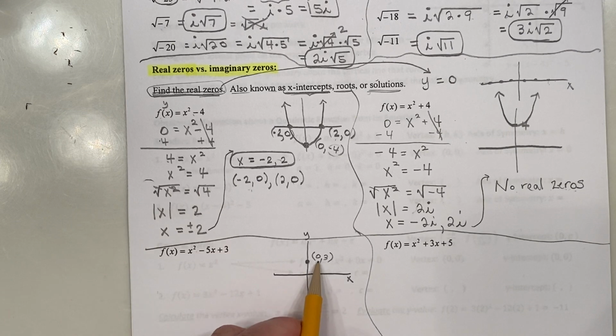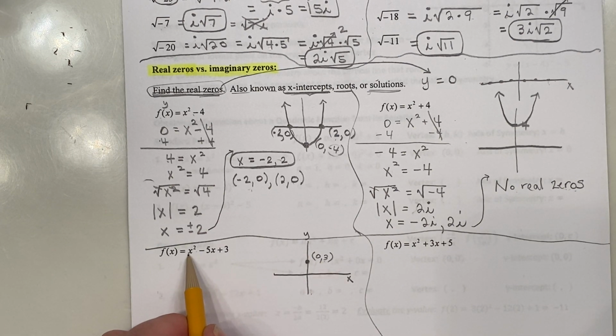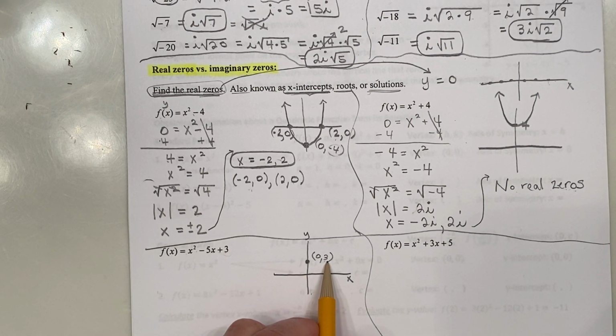Any point along the y-axis has an x-coordinate of 0, but a y-coordinate that may be 0, but probably is something else. By inspection, if you plug in 0 for all the x's in this equation, that term would go to 0, and I'd be left with 3. So this constant, what we call the c value, is actually our y-intercept.